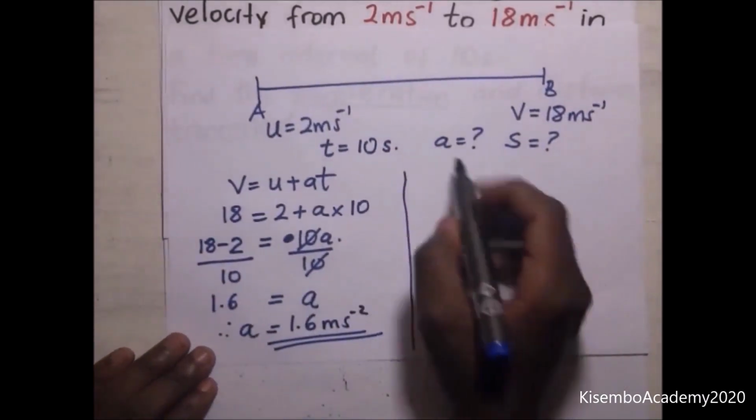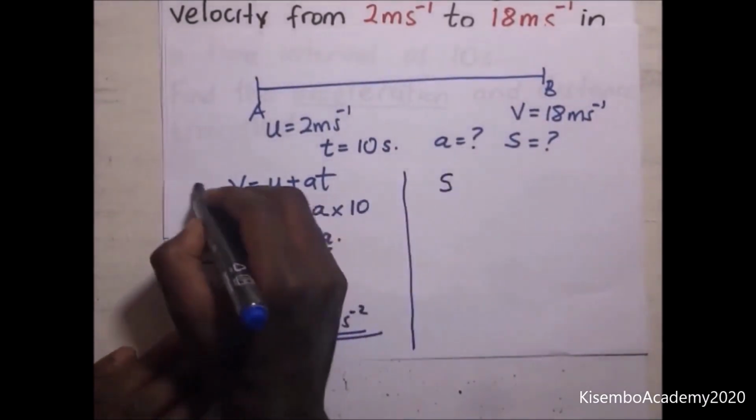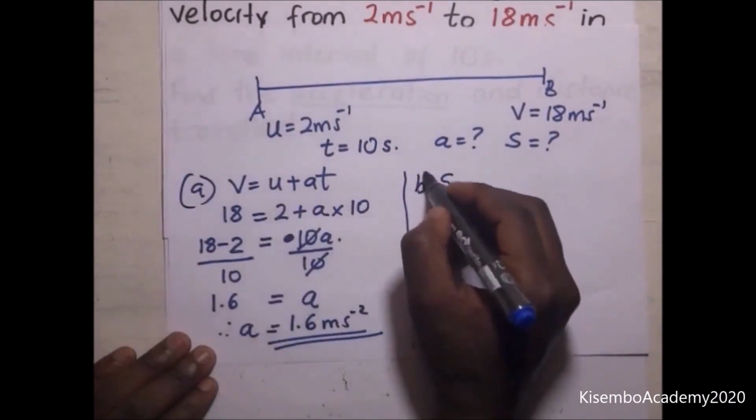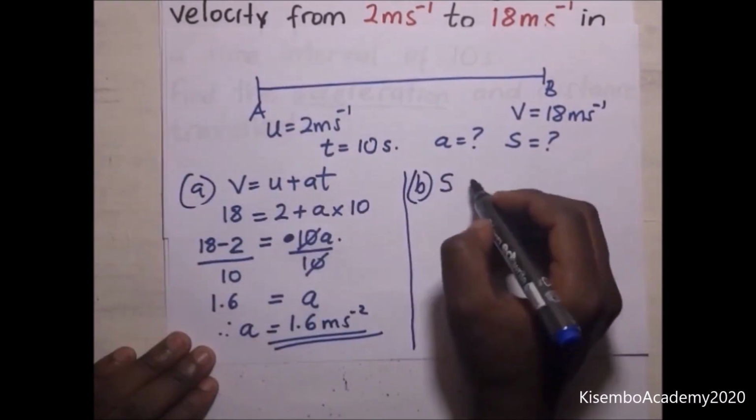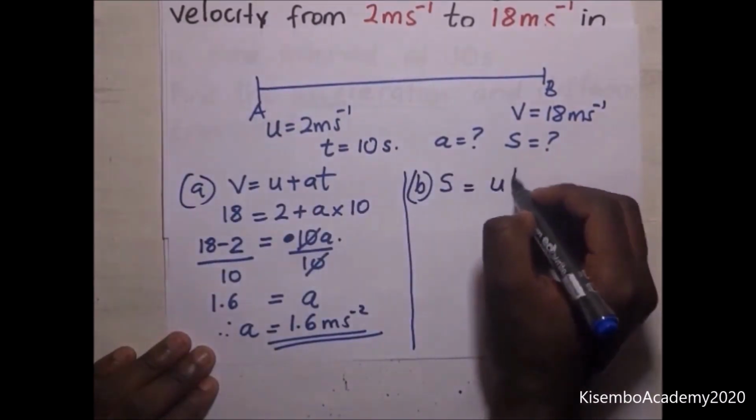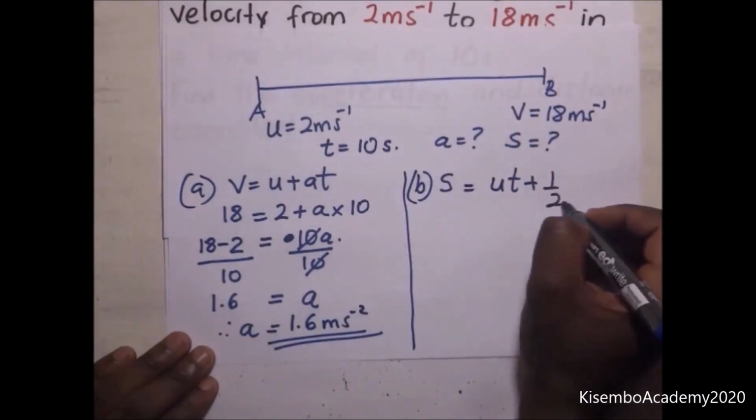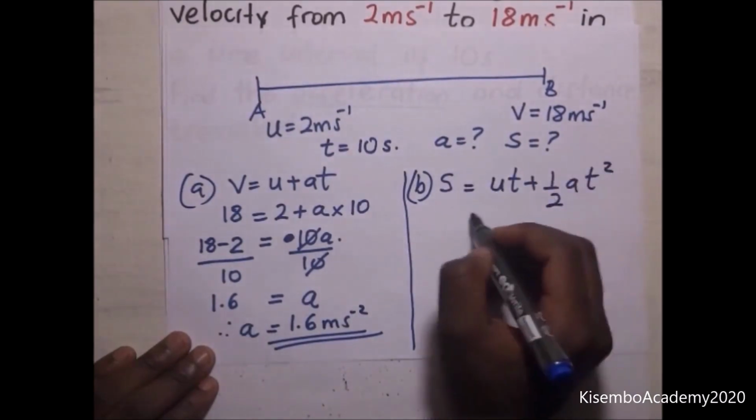And of course the distance traveled, which is s, is part B. So to answer part B, the distance traveled s is equal to ut plus a half at squared.